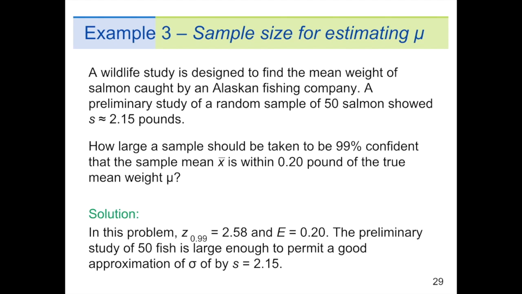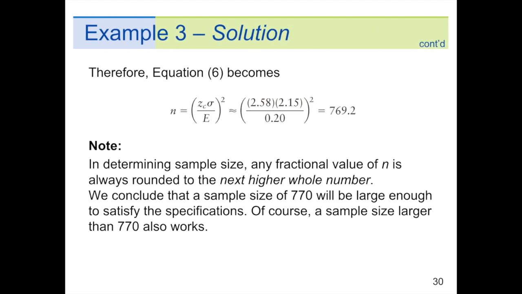The preliminary study of 50 fish is large enough to permit a good approximation of sigma by s equals 2.15. Therefore, equation 6 becomes n equals Z sub C times sigma, all divided by E, all squared. So 2.58 times 2.15 divided by 0.2, all squared, is 769.2.